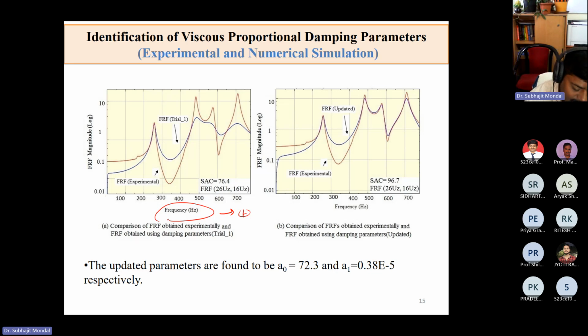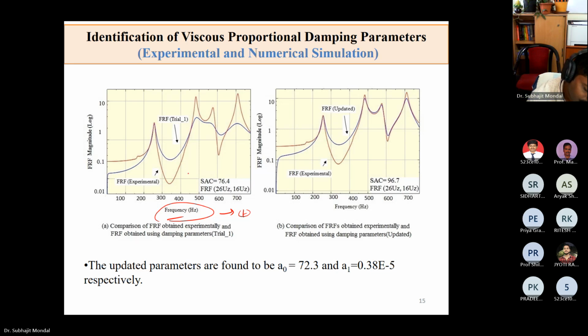If the x-axis is frequency, that indicates you are doing frequency domain analysis. What we used to do is convert time domain data into the frequency domain by doing the FFT of it. There is another method also, the modal superposition method. From that also we can do the analysis. We'll see how we can do that.